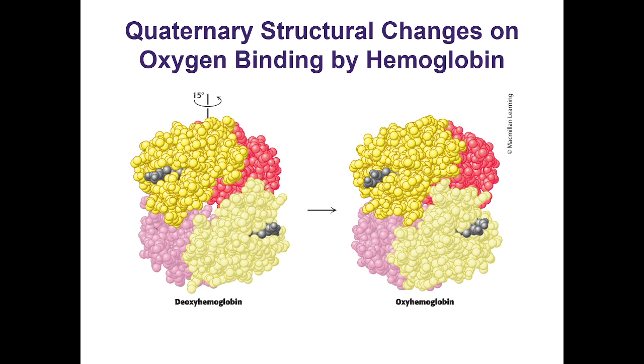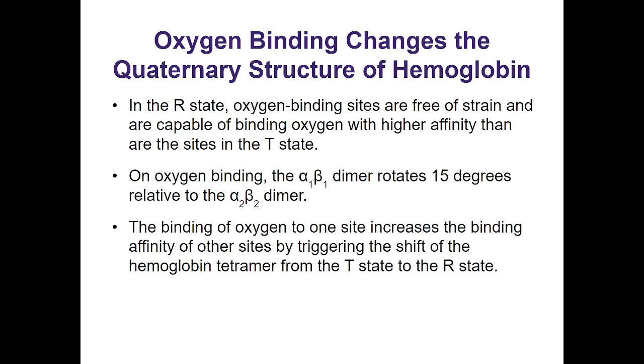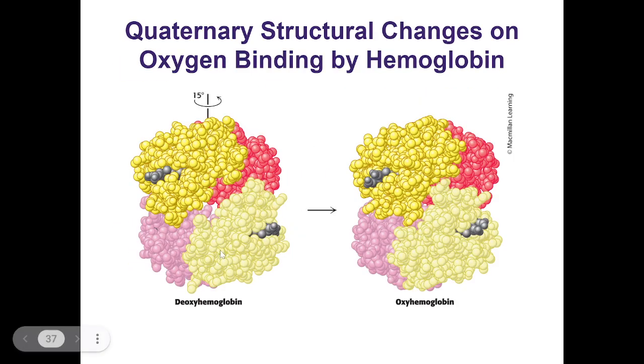Again, the T and R states refer to the ability for the iron to move. Keep that in mind. In the tense state, the iron can't move up into the ring because it's tense, getting pulled, which is this state here. In the relaxed state, you can move the iron in the heme group.